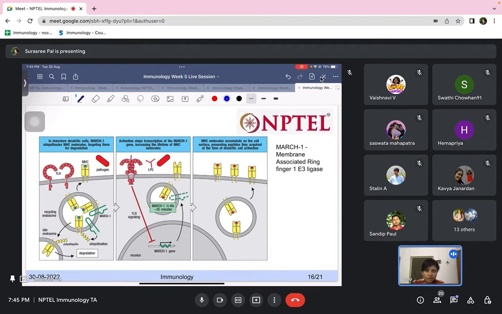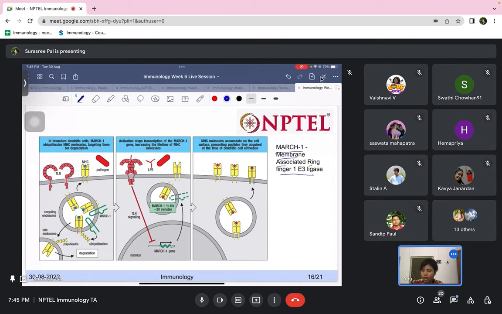In that period, the MHC molecule presenting the antigenic peptide on the surface cannot be recycled. This is actually controlled by one E3 ligase, March1, the membrane associated ring finger E3 ligase.